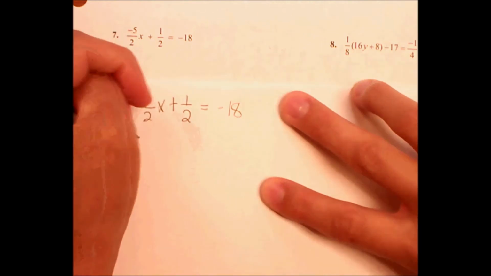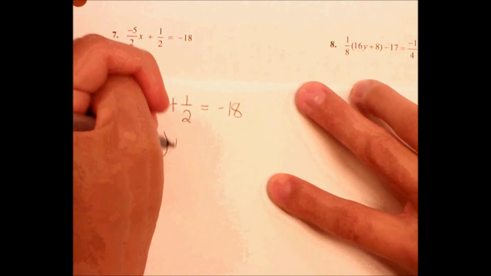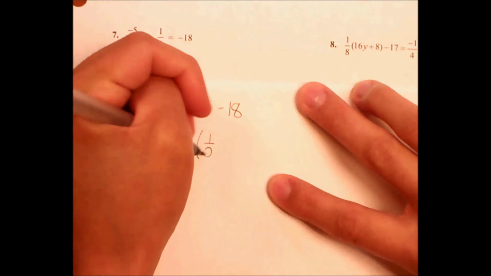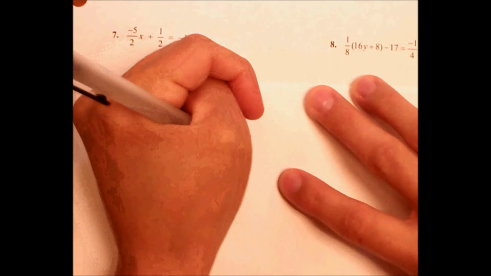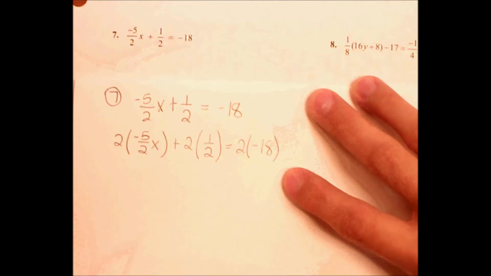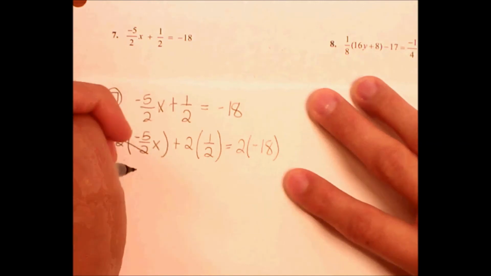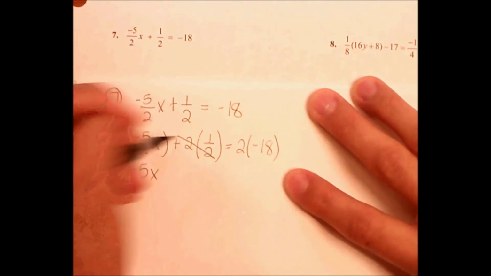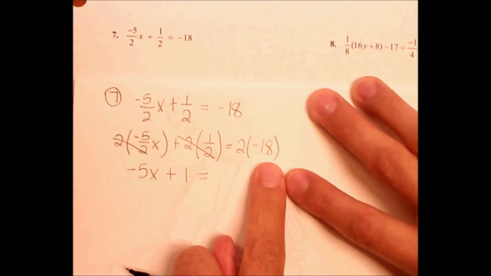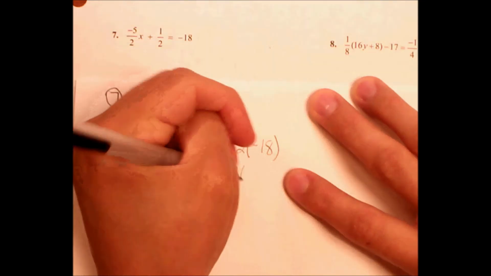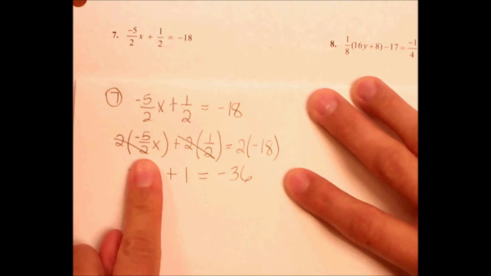So 2 times negative 5/2 x, 2 times 1/2 equals 2 times negative 18. The 2's cancel out, and you're left with a negative 5x. Here they cancel out, and you're left with a positive 1. 2 times negative 18 is negative 36. We want to isolate the x, so we need to get rid of the 1.